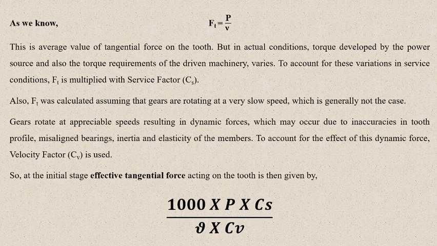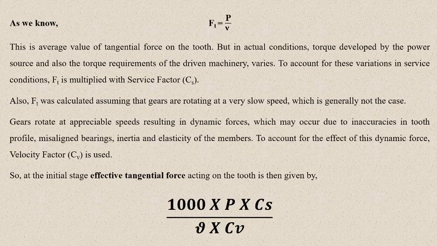As I told previously, in the design of spur gear and helical gear, there are some variations in forces and torque due to the dynamic action, and due to this we need to add some factors like the service factor and the velocity factor, respectively, to consider the overall load during meshing of the teeth of the gear. For clear understanding, read this paragraph, and at last you will get the value of effective load.